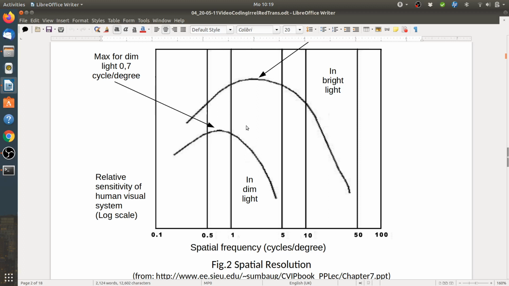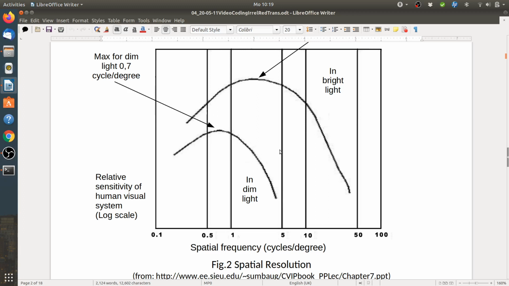And we can see it indeed behaves somewhat like a low pass. When you look at the upper end, starting from say 2-3 cycles per degree, going up to 30-40 cycles per degree, we have a steep decline, even in bright light, and even faster in dim light. So at night we see less sharp.